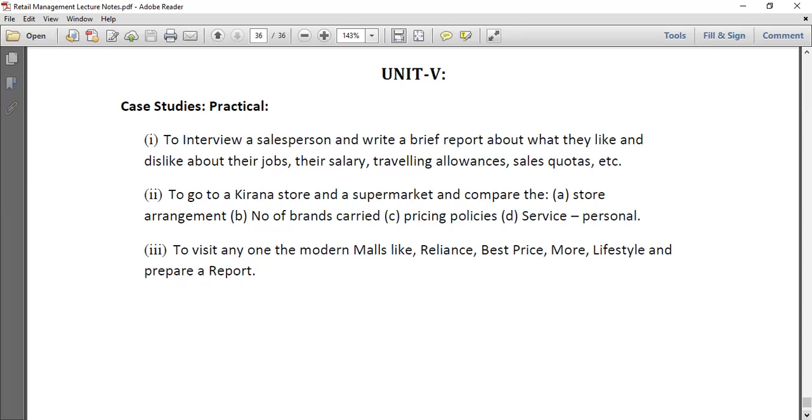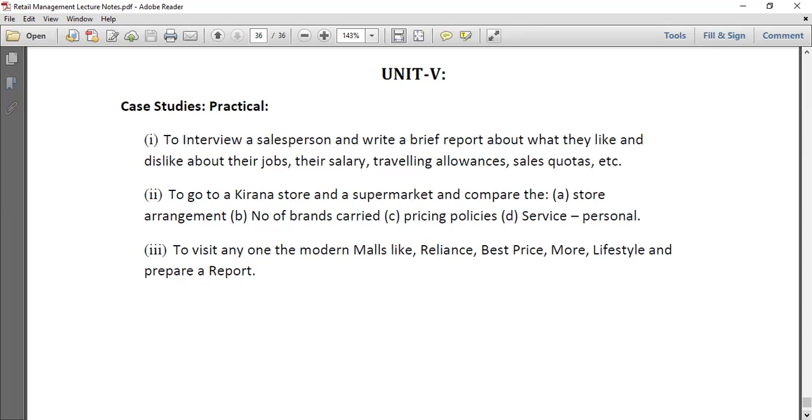And finally, go to a modern mall. You can go to Best Price, Reliance, More, Lifestyle, and then prepare a report on that. Prepare a report comparing the normal traditional retail store with a modern retail store like Spencer.